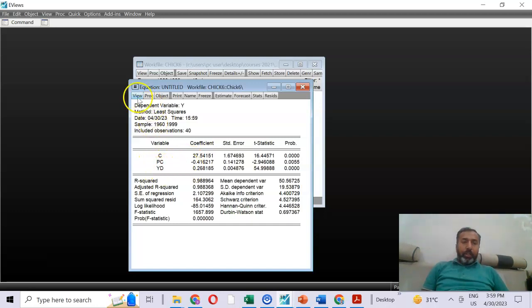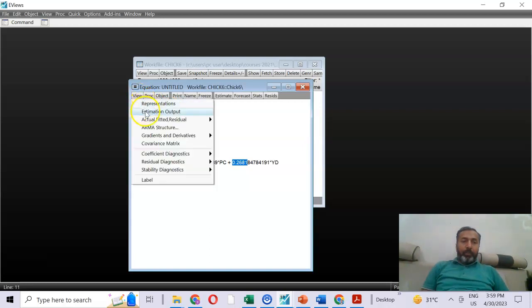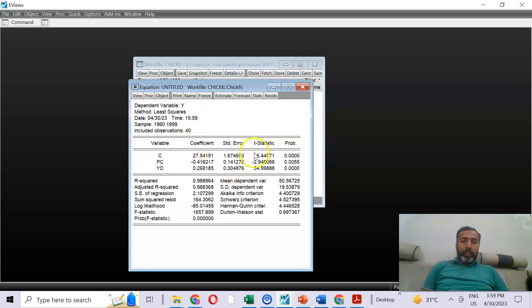If you want to view it in the form of representation, you can see that y is equal to 27.54, which is the value of beta naught, the intercept, minus 0.41, which is the coefficient of price of chicken, and 0.26, which is the coefficient of disposable income. If you want to see its T statistic, etc., you can see it here.